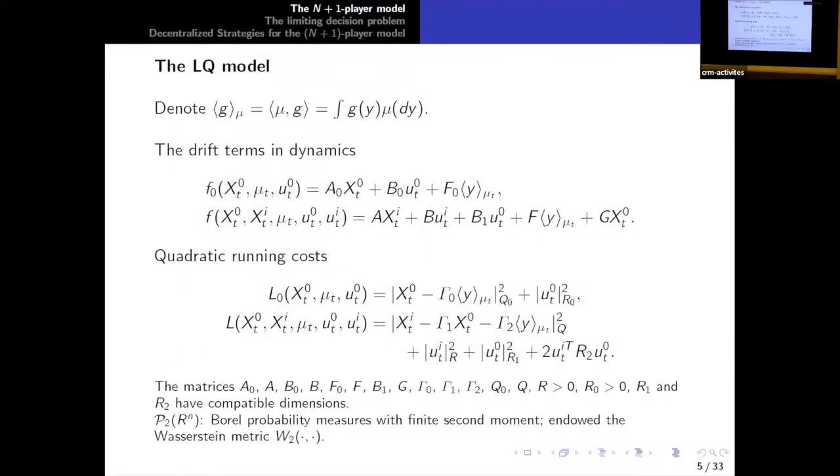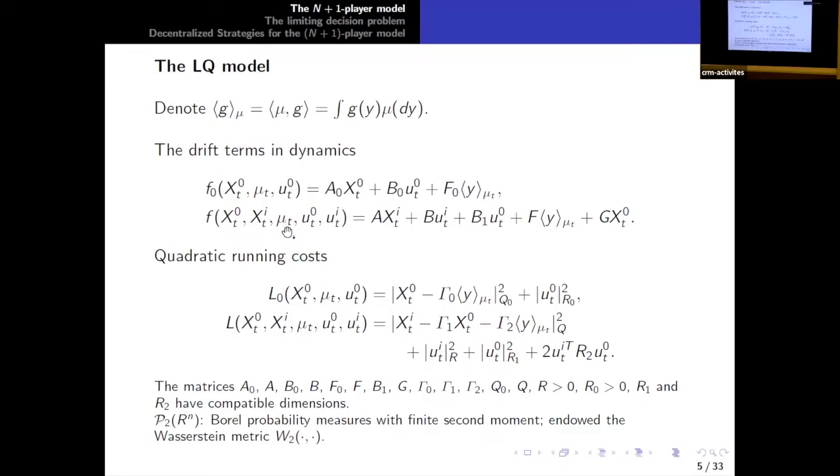For the LQ case, the drift and the running cost will take this kind of particular form. In this work, we will mostly work out the LQ case, but this general procedure is applicable for nonlinear models, although more difficult, and also for some other modeling like discrete time, discrete state.